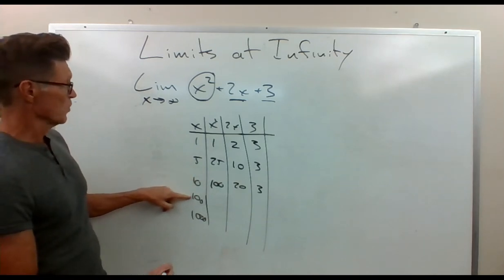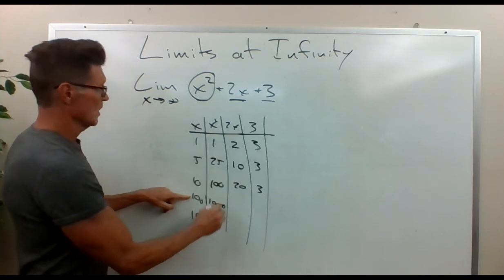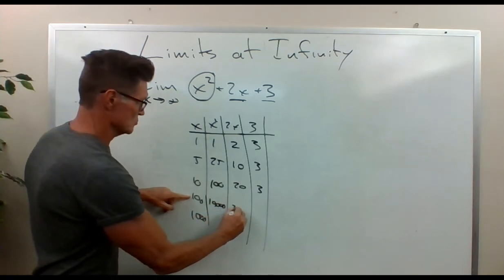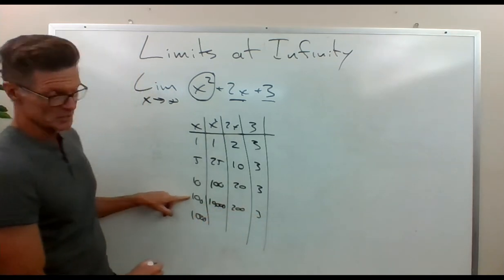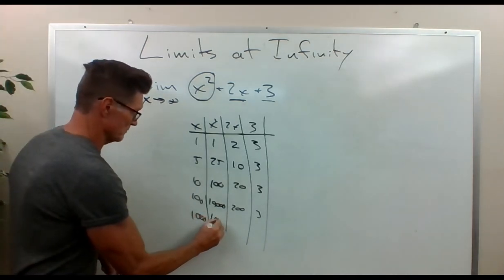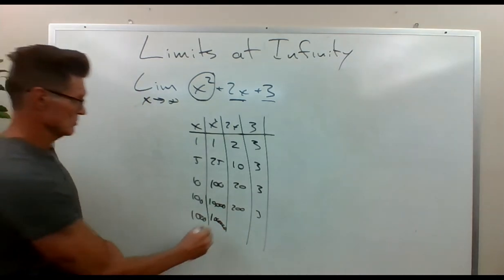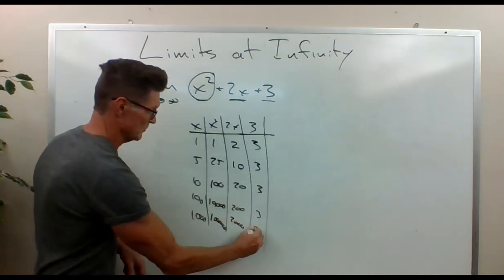When x is 100, 100 times 100 is 10,000. 100 times 2 is 200, and 3. Well, 1,000 squared is 1,000,000. And then 1,000 times 2 is 2,000, and 3.